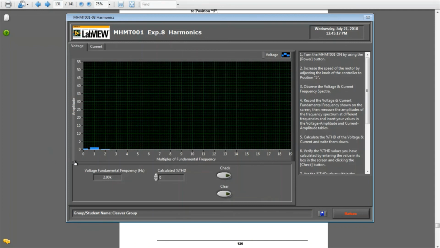So now you will be able to write down the values in the table and calculate the total harmonic distortion for both voltage and current.